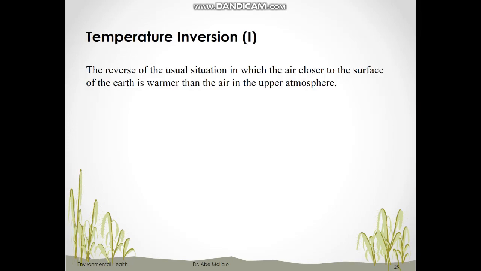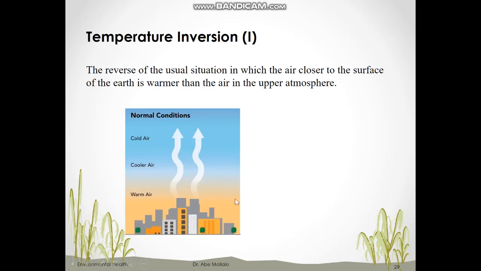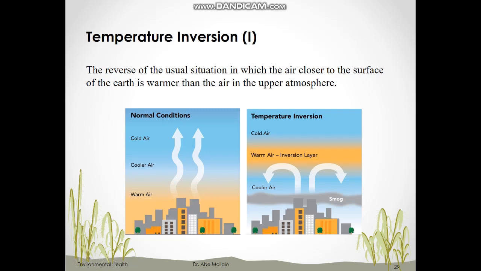Another consequence of air pollution is temperature inversion. In the normal situation, warm air is near the ground, and as we move upward in the atmosphere, the temperature consistently decreases. That's the normal situation. But sometimes, due to adverse environmental or topographical conditions, temperature inversion occurs. So here we have temperature inversion.